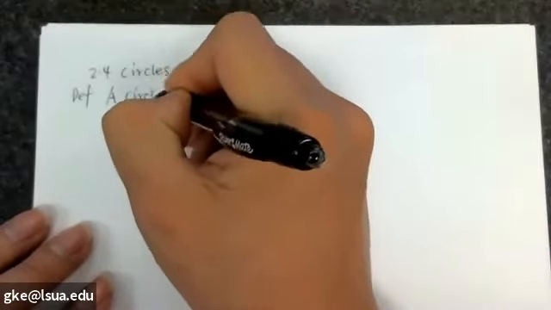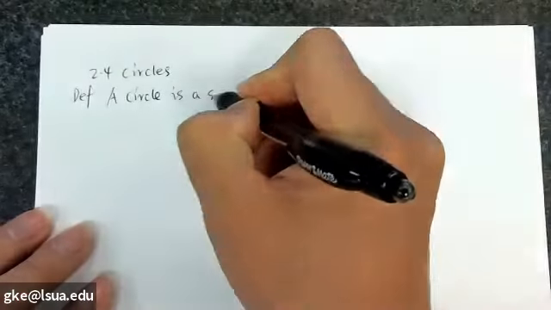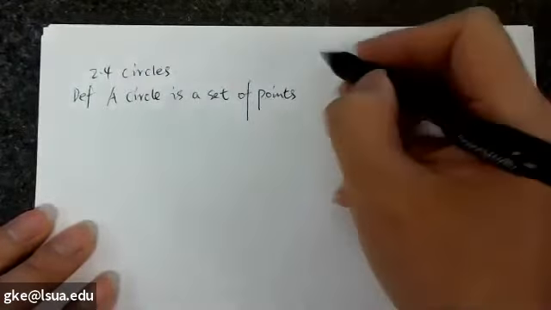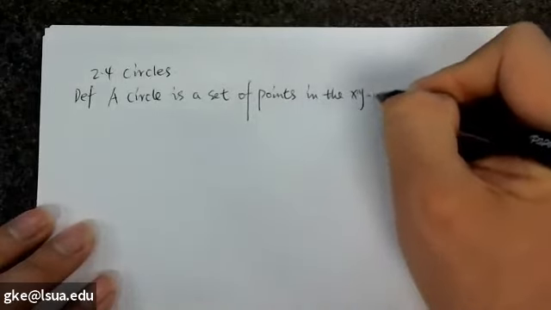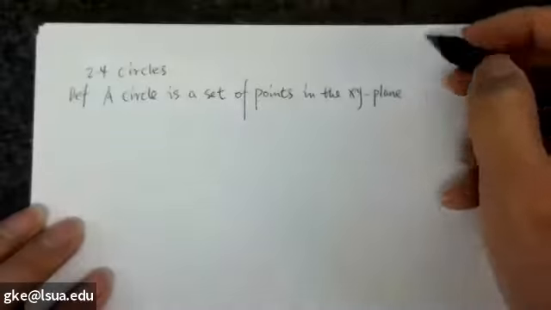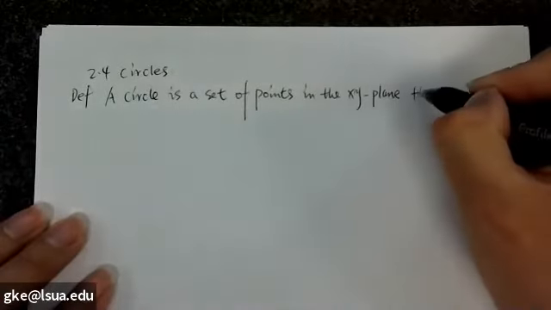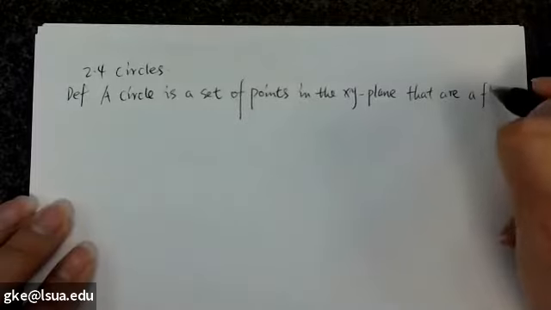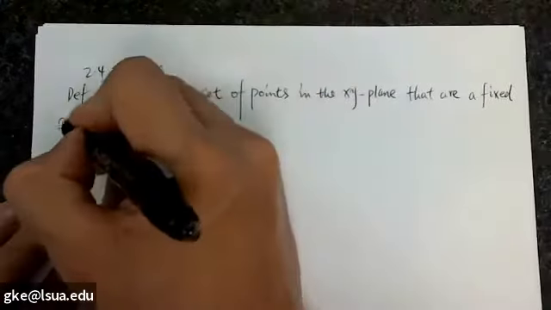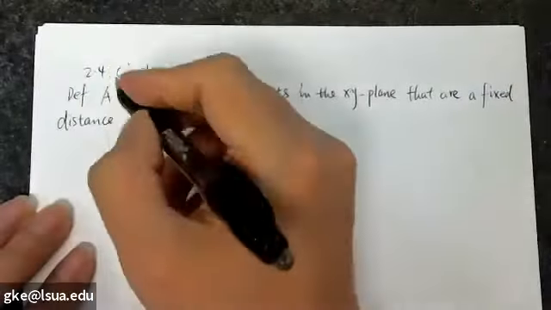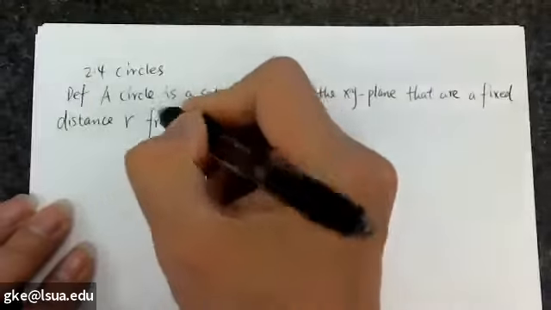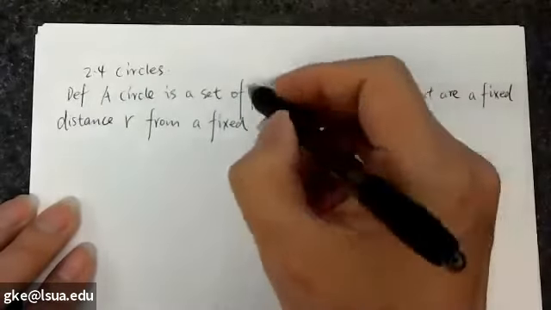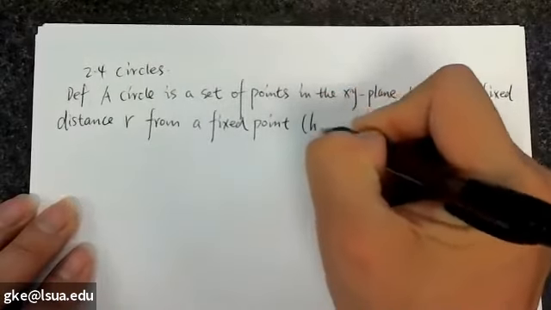A circle is a set of points in the XY plane that are a fixed distance r from a fixed point (h, k).